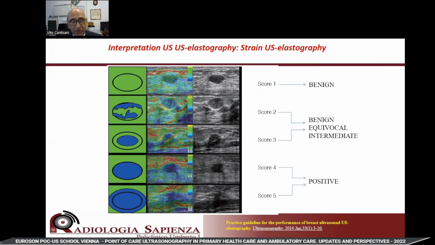There are several color-based scale graduations. For breast, this is the first one that was published, and according to the representation of the color within the lesion, you can discriminate what is called soft from hard. I would like to remind you that unfortunately, not 100% of lesions, for breast and thyroid for example, if they are stiff, are malignant.